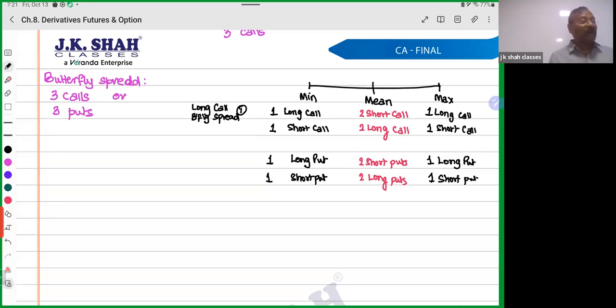The next one, what have you done at the wing tips? Short call. It's called a short call butterfly spread. Here, long put butterfly spread. And this is the short put butterfly spread.